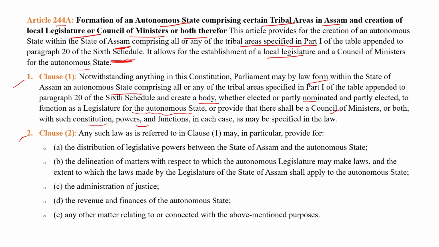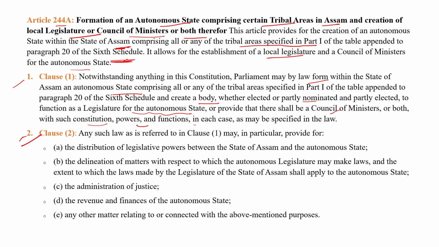There will also be a legislative assembly as well as a council of ministers established in Assam. Clause 1 explains only about Assam. In simple terms, there will be a committee that will work for the scheduled tribal areas of Assam which are mentioned in the 6th Schedule, and also a local state legislature with a council of ministers.